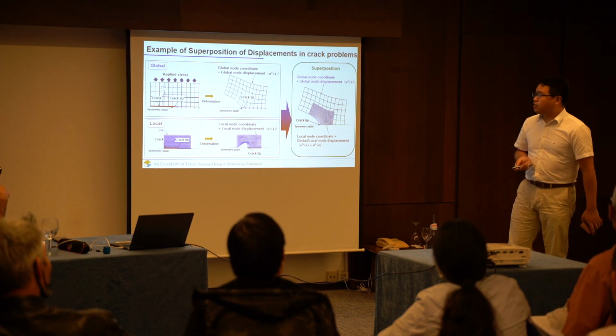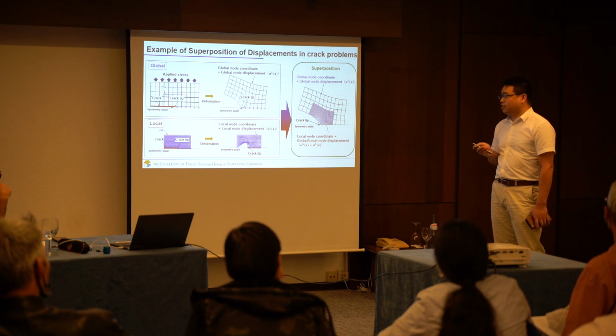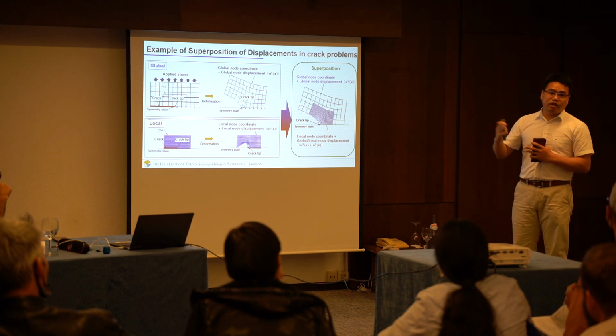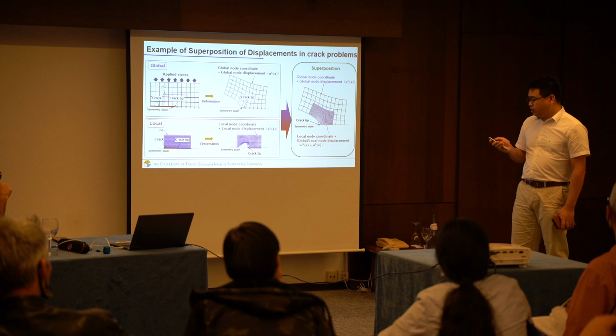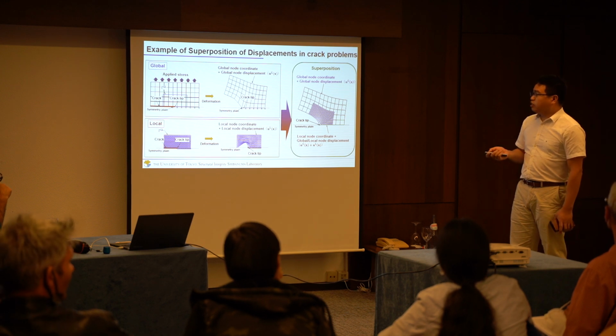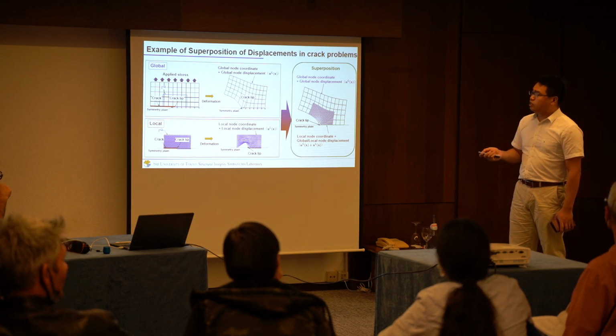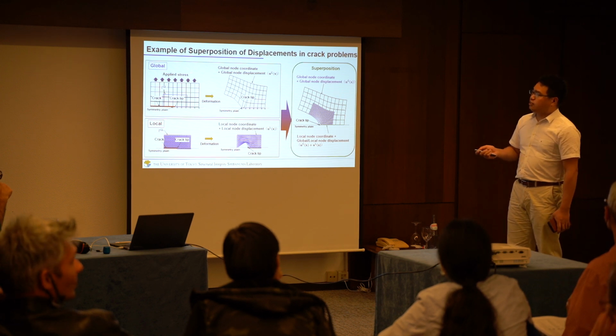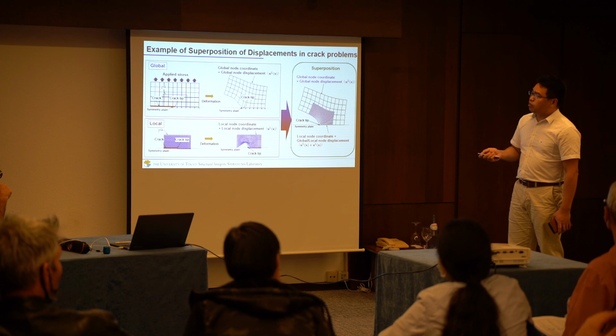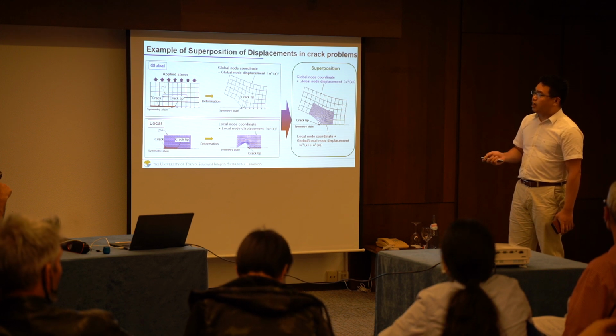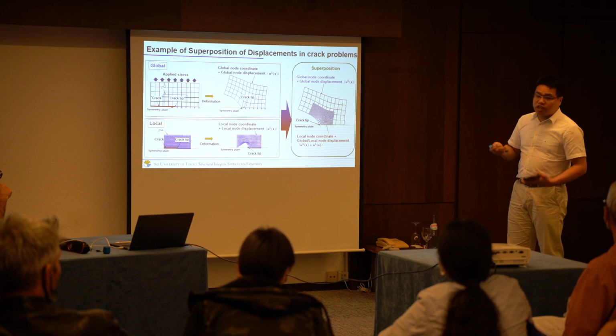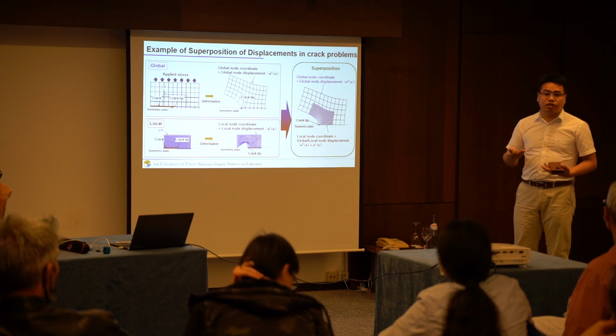Okay, the first advantage I think for this method is the flexibility in the domain discretization. For example, for the global domain we discretize the domain with the host elements, and we only need to design the mesh pattern in the domain of interest, such as the stress concentration or the crack tip.